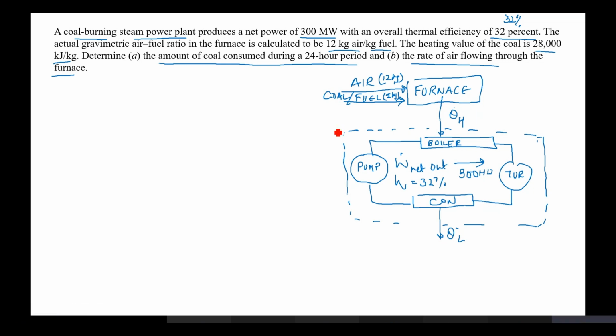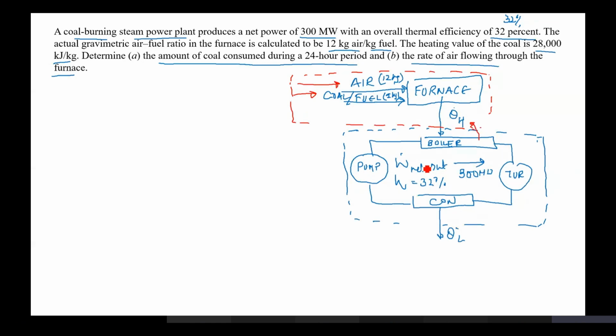The essential thing is you are interested in this portion: the amount of coal consumed and the rate of flow of air. So essentially you are interested in this region of your diagram.